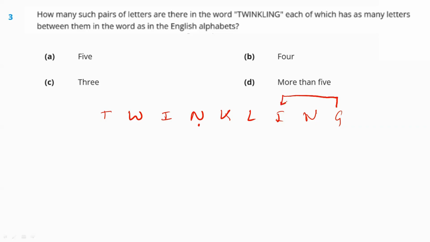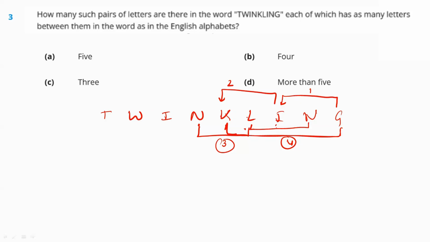Between G and I, this is one pair, G, H, I. Then there is I, J, K. Then L, M, N. Then G, H, I, J, K. H, I, J, K, so this would be the fourth. And I, J, K, L, this is the fifth one.